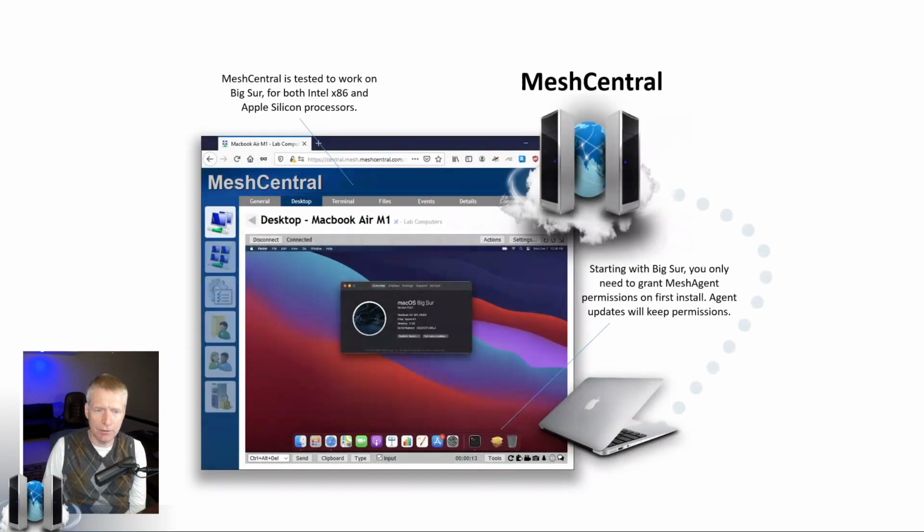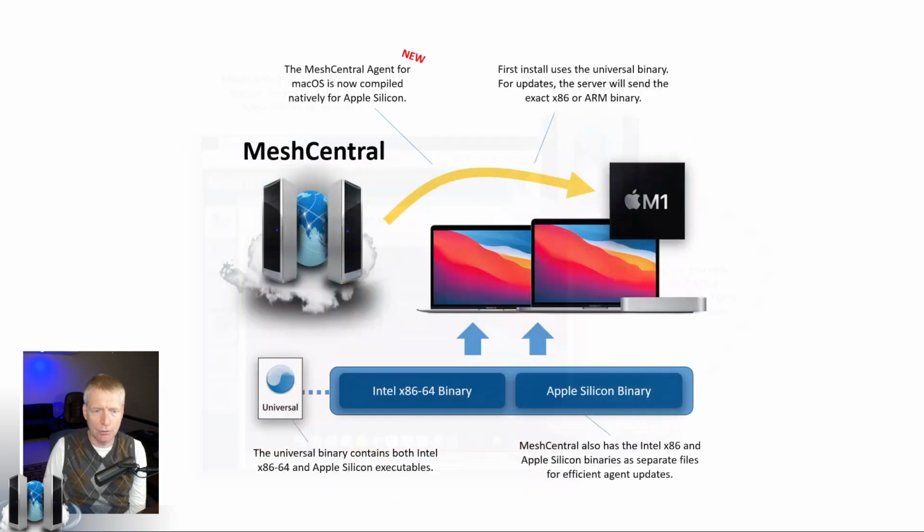MeshCentral for macOS. So we have an agent for Mac. You install it, you'll see the Mac device, you'll be able to move the cursor and so on from the MeshCentral server. One thing that's very interesting is that the Mac OS agent is compiled both for 64-bit x86 and Apple Silicon binary.